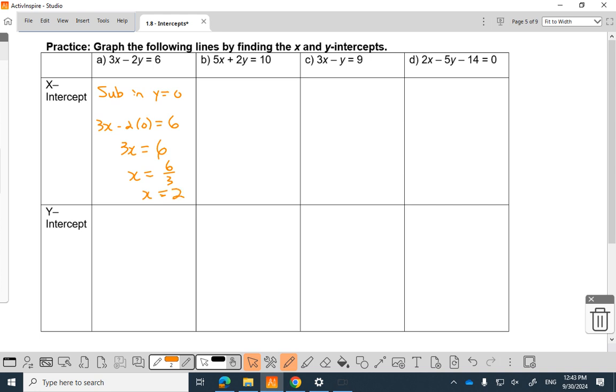I'm going to continue on with A, and I'm working in orange so you can see it. Good. If I want to get the y-intercept, what do I sub in now? Sub in x equals 0.